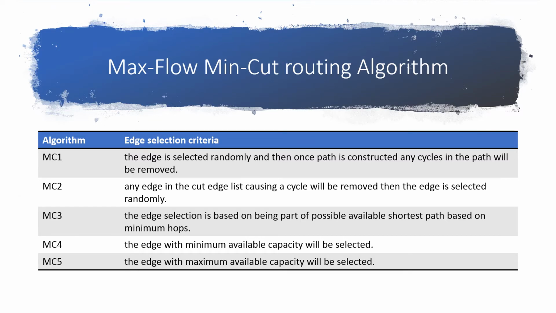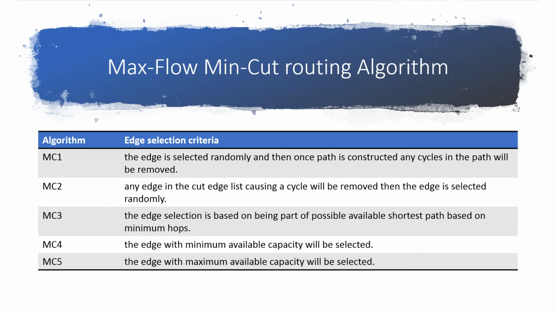In our MC suite of algorithms, we have 5 variations. Each algorithm varies in the decision criteria it adopts for picking the edge from the cut set. We can see in the table that MC1 and MC2 select a random edge from the cut set. However, MC2 selects the edge that does not cause any cycles in the path.